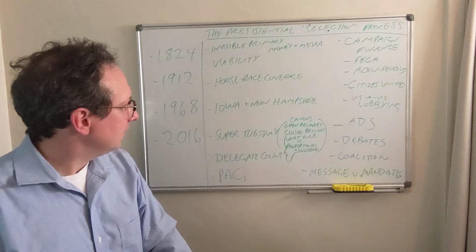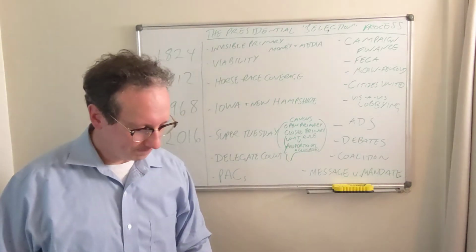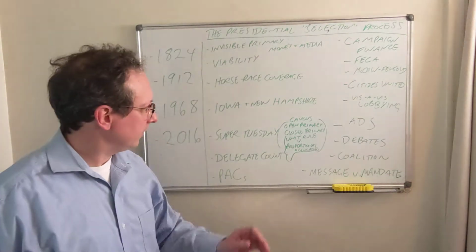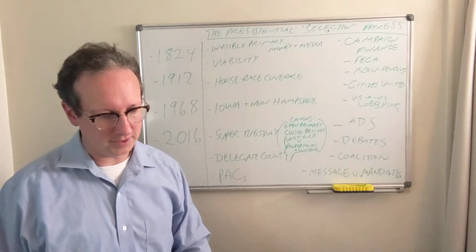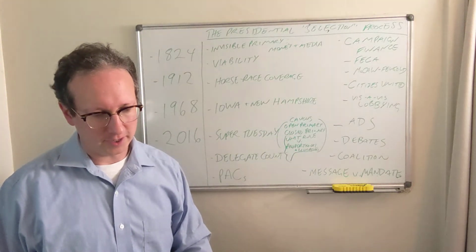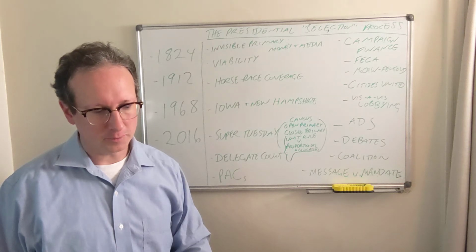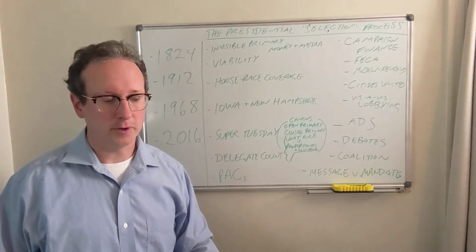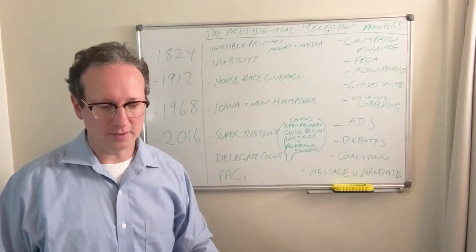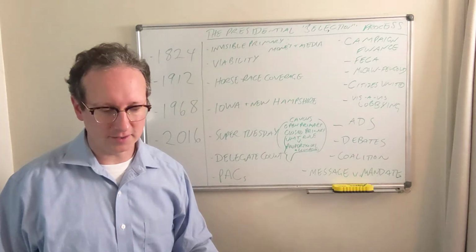So in terms of Super Tuesday, there are a lot of different kinds of caucuses and primaries that are held. One of them is the open primary, and the open primary is just where anyone can vote, regardless of party, for a party's nominee. And a closed primary is just the opposite.